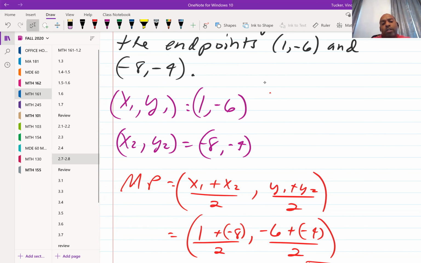So that'll be 1 plus -8 over 2, -6 plus -4 over 2.